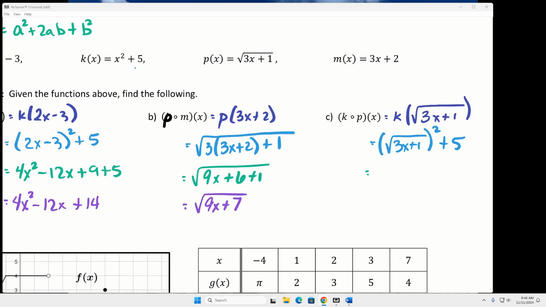Now, squaring a square root is way easier than squaring a binomial. What happens when you square a square root? It just cancels out. And you're left with 3x plus 1 plus 5, or 3x plus 6.